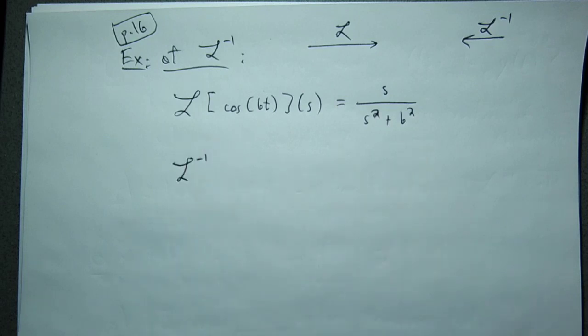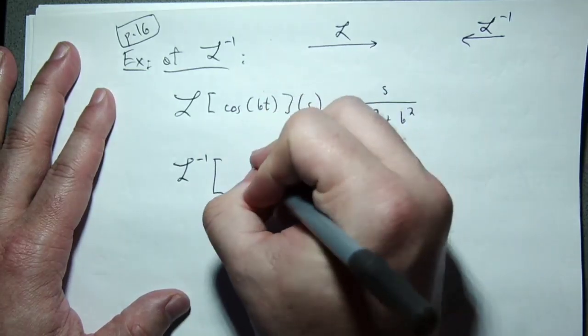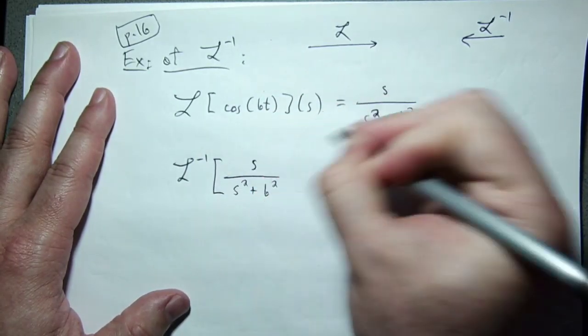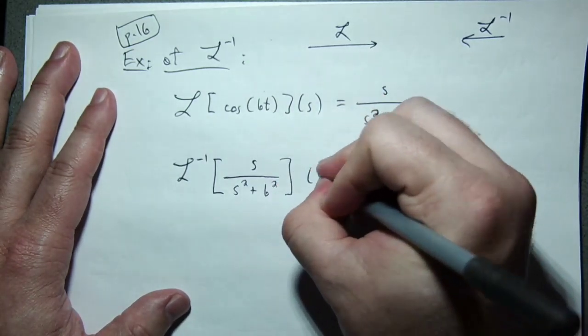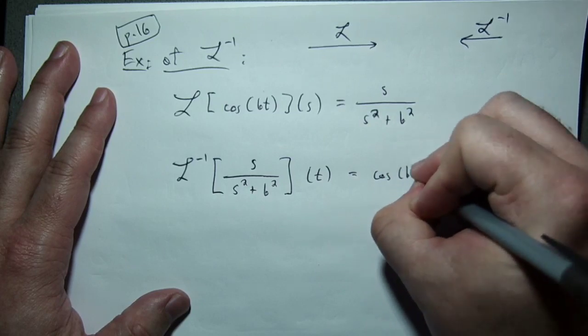Laplace transform table, well then the inverse Laplace transform is simply me saying the inverse Laplace transform of s over s squared plus b squared of t is cosine of bt.